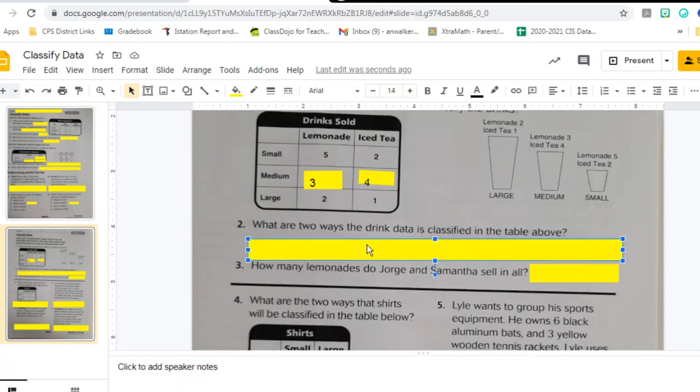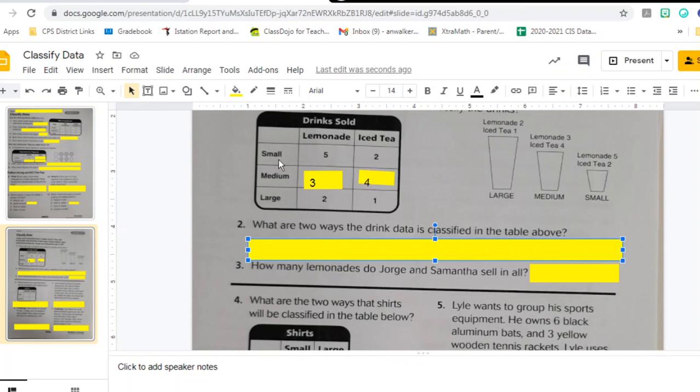It looks like all of them may be flipped around. I may need to go fix that on yours so you don't have an issue with that. What are 2 ways that the drink data is classified in the table above? Well, we already talked about it's classified by small, medium, and large.